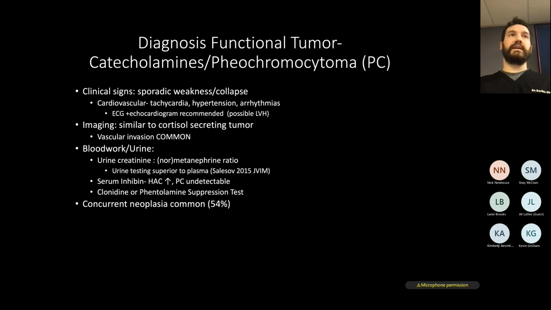But even so, we can have these patients in hospital and have them be normotensive if they're not having catecholamine release at the time. So if we are concerned about these, we do recommend cardio workup with ECG and echocardiogram. We can see possible left ventricular hypertrophy with these cases. I'm guessing that's probably due to an increased afterload.